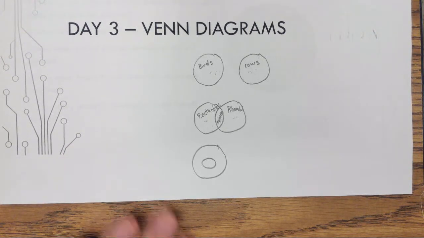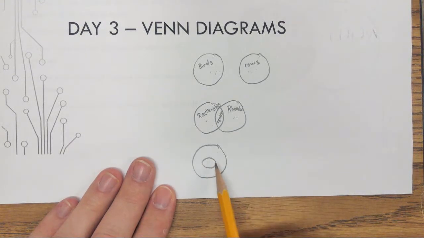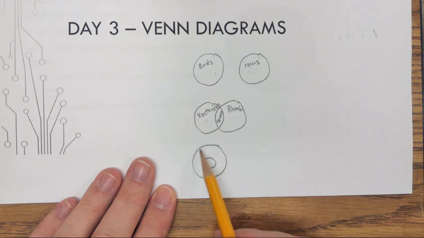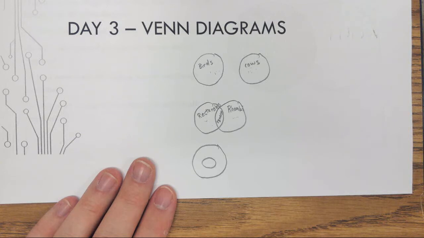Alright. Last one. So this is a relationship between the two of them, but this here, all of these things are also all of the things outside of this. Okay? So, let me think of an example here.